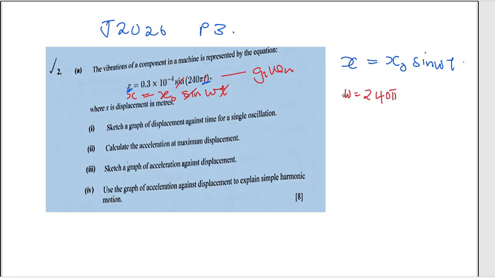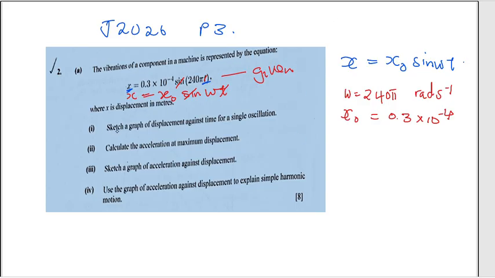Omega is the angular frequency, which is measured in radians per second. And x naught is 0.3 times 10 to the power of minus 4. X naught is the amplitude, the maximum displacement.